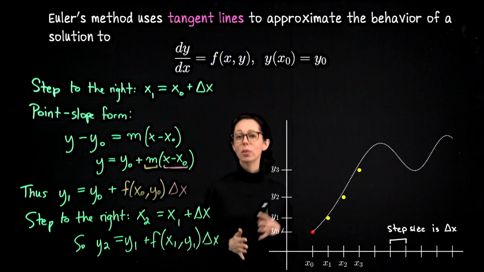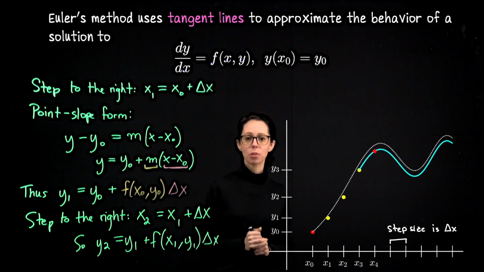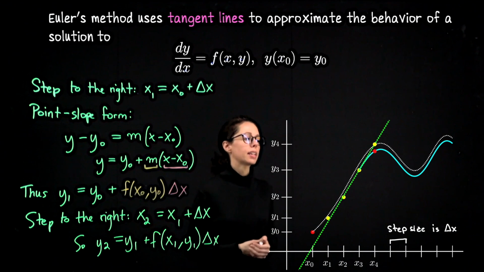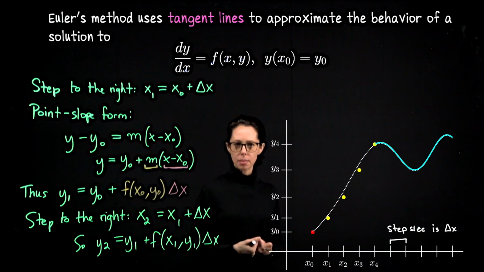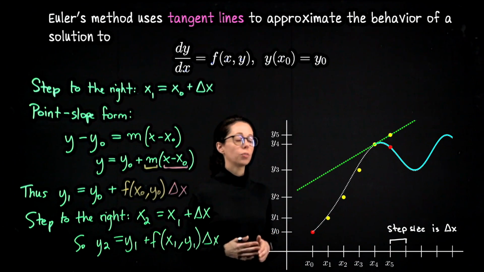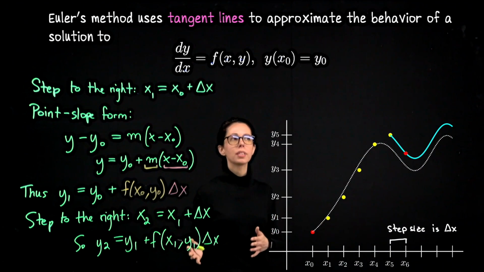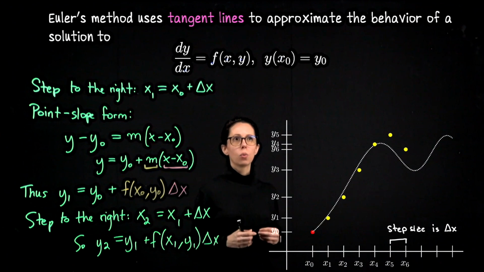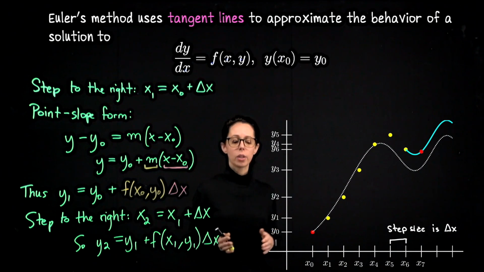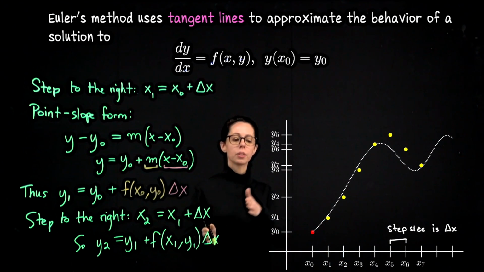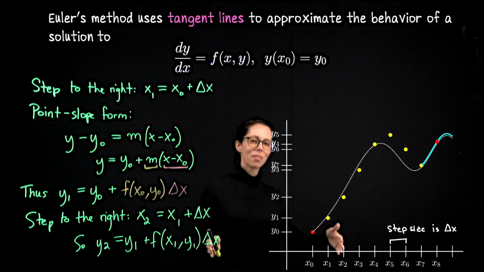So you can see that we're just going to iterate this procedure every time we take a step to the right. You keep doing this until you've either taken the number of steps that you wanted to take, or more typically, you've landed on some x value that you're interested in. Maybe you're trying to go from x equals 0 to x equals 1 with a step size of a quarter. Then you would take 4 steps to go from 0 to 0.25 to 0.5, 0.75, and then 1.